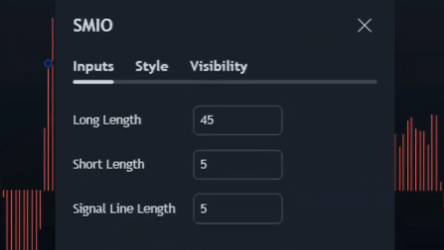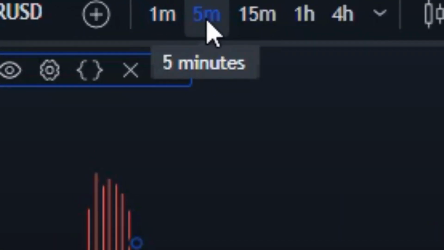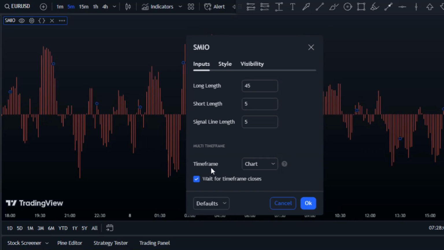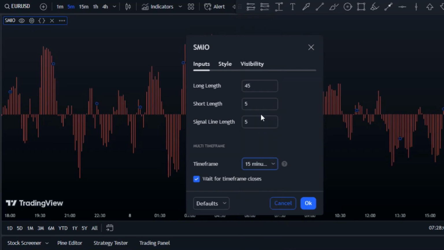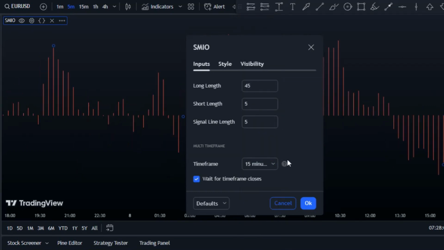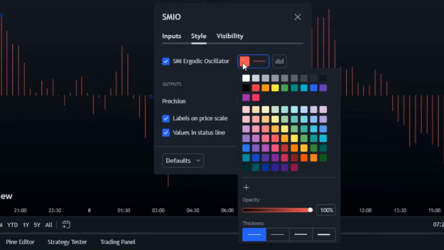Next, we need to set the time frame for the SMIO oscillator. Since we're using a 5-minute time frame, I'm gonna choose a higher time frame for this oscillator. So choose the 15-minute time frame. Then in the style section, you can change the color of the indicator to better distinguish it and slightly increase the thickness for improved visibility.